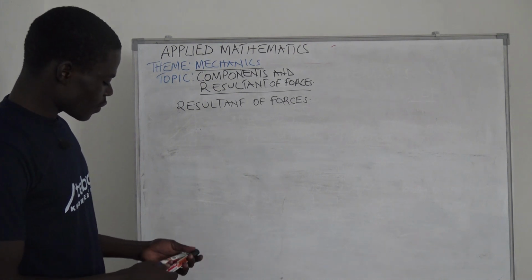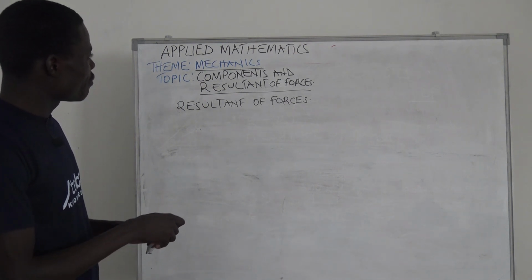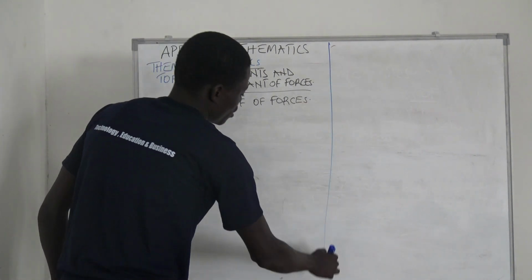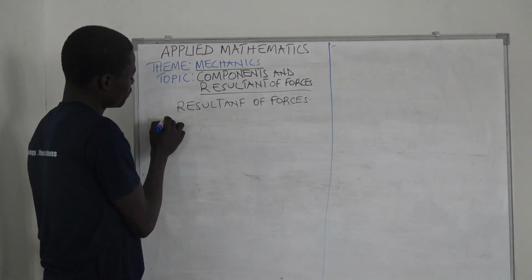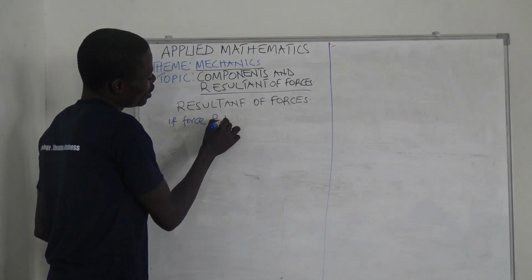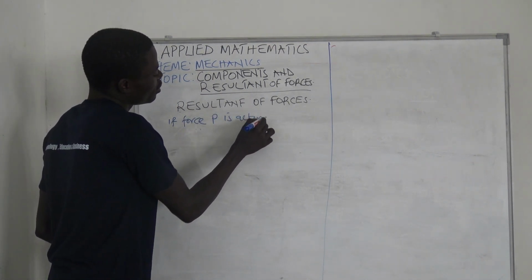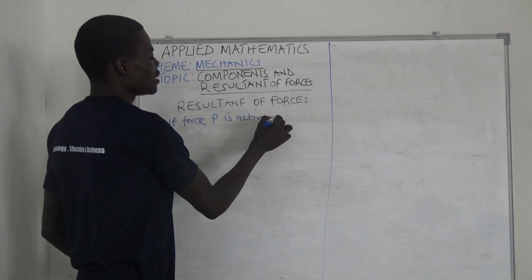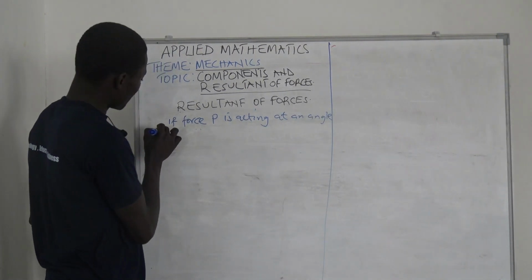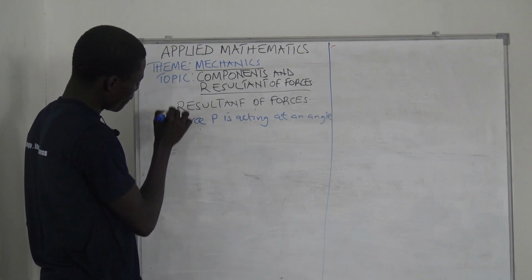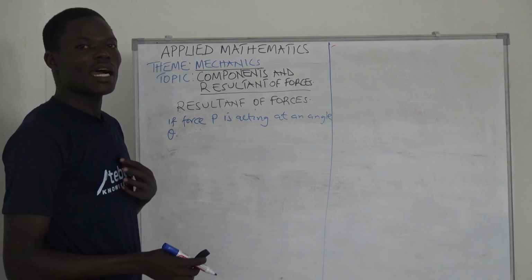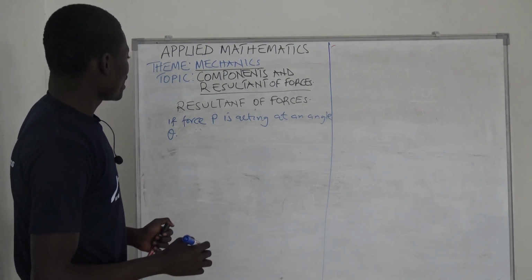Now, we said in the previous example, we considered the force F, but let us now make it force P. If force P is acting at an angle star, how do you calculate that force?